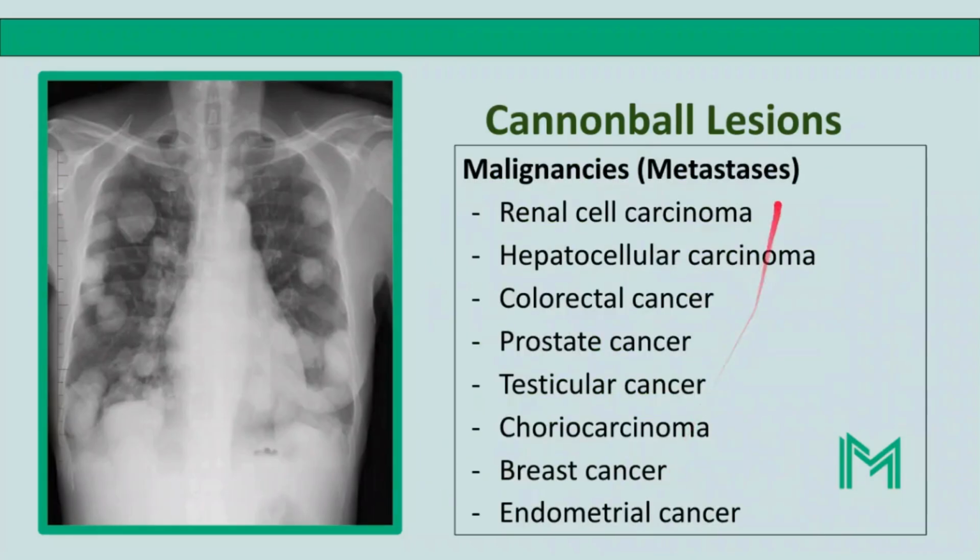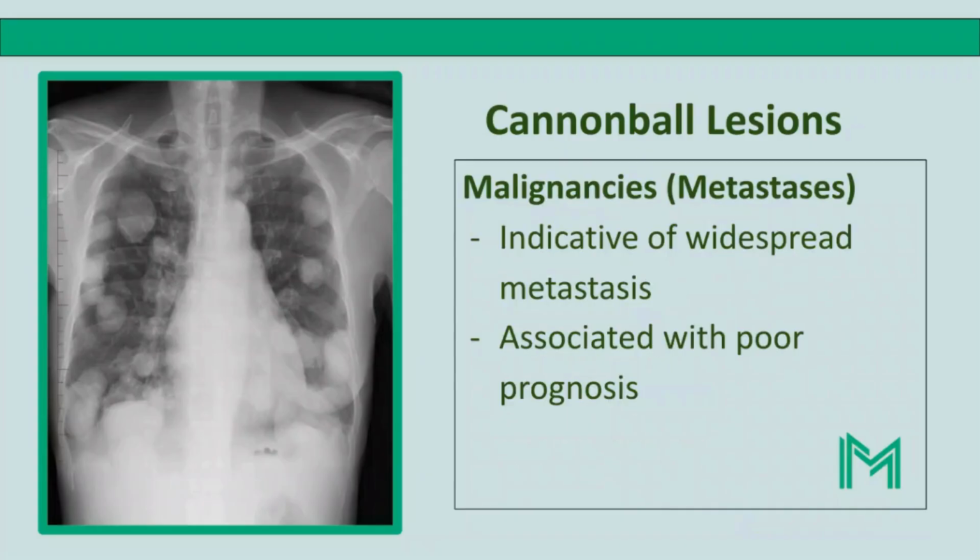What are some of the malignancies that present with cannonball metastasis? Renal cell carcinoma, hepatocellular carcinoma, colorectal cancer, prostate cancer, testicular cancer, choriocarcinoma, breast cancer, and endometrial cancer. This is not an exhaustive list. There can be other malignancies that can metastasize to the lung and present as cannonball lesions, or what we call cannonball metastasis.